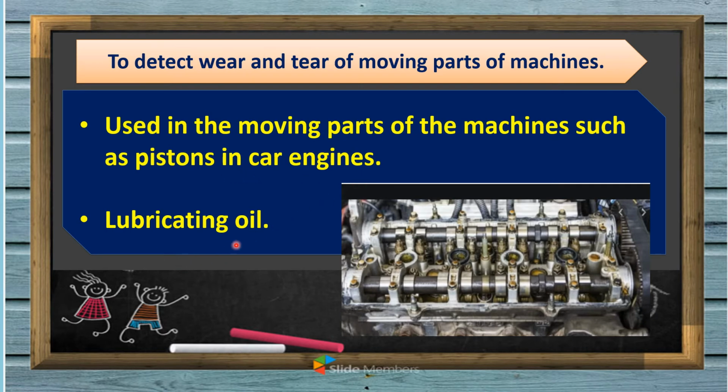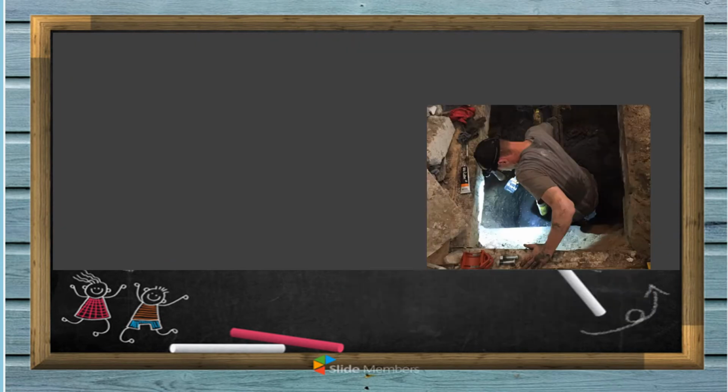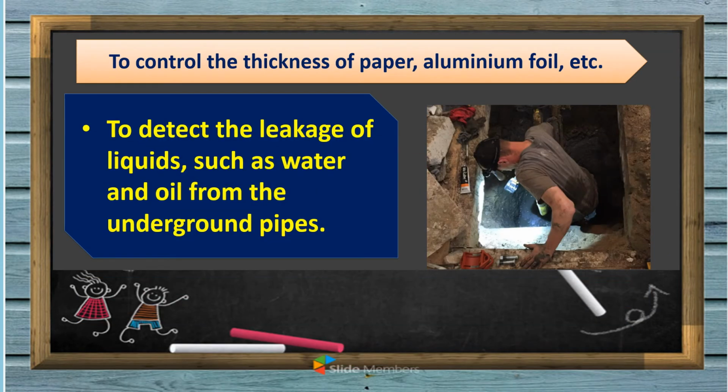Next, lubricating oil. Next is to control the thickness of paper or the aluminum foil, and so on. Another, to detect the leakage of liquids, such as water and oil, from the underground pipes.